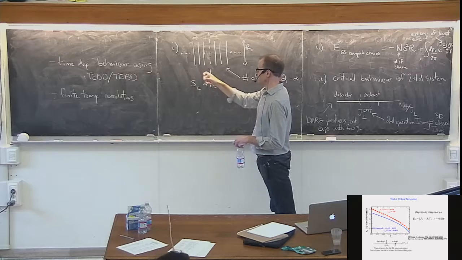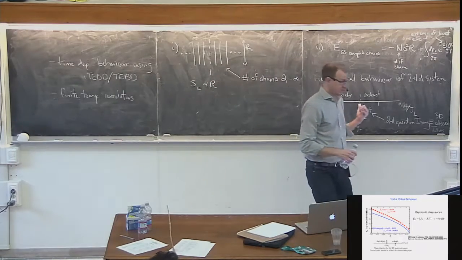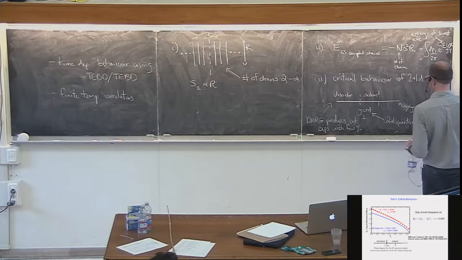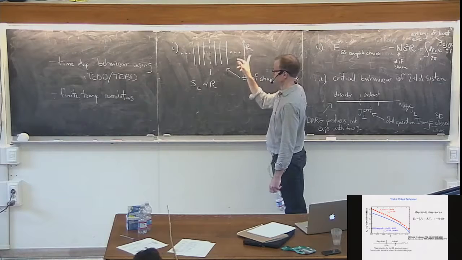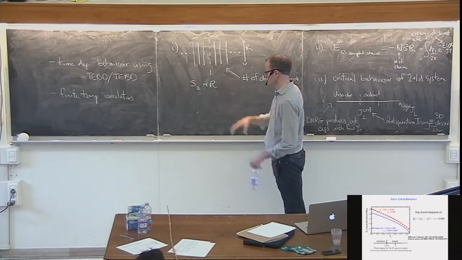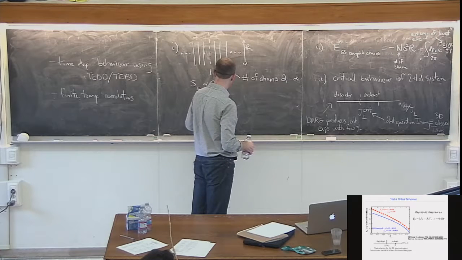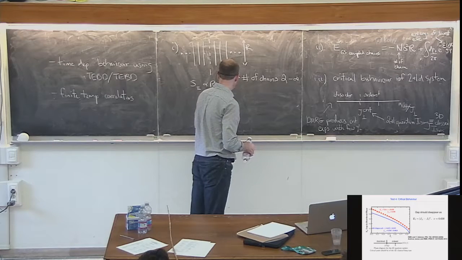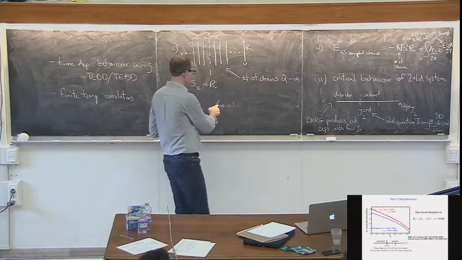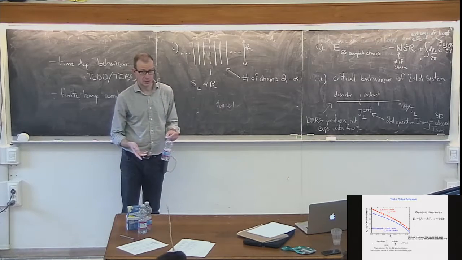But for the Ising field theories, ideally what we want is that the chain length times the mass on the chain is much greater than 1.